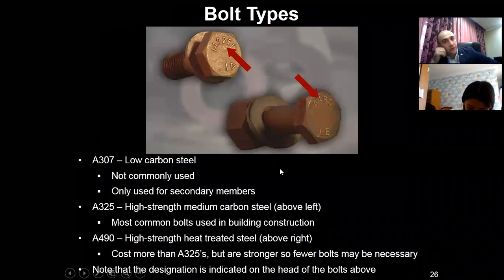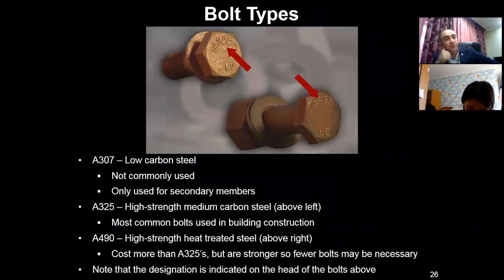I told you that during production of bolts, there is information on the head of the bolt. There are some letters and numbers.